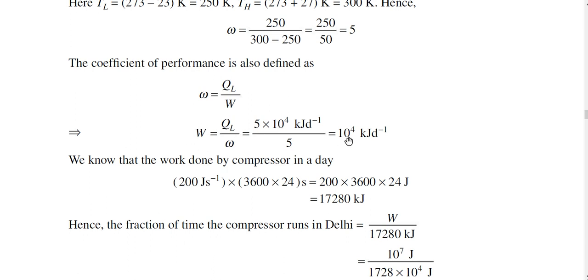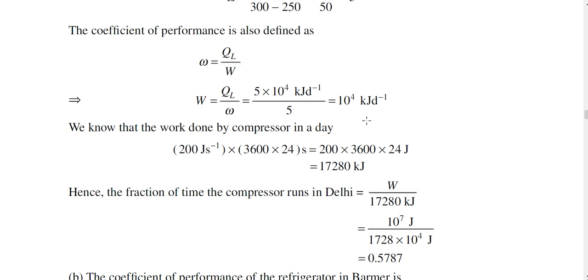So this is the work done W. We have already calculated that this is 10 to the power 4 kilojoule per day. This is the heat energy rejected, and this is the total work done by the compressor in a day.